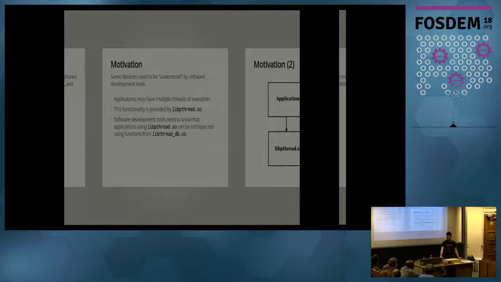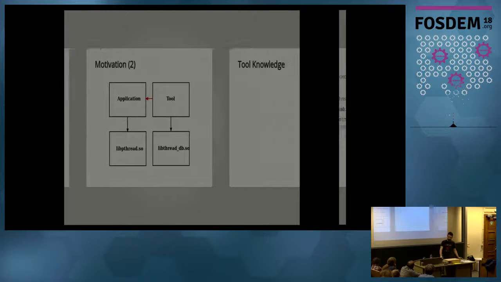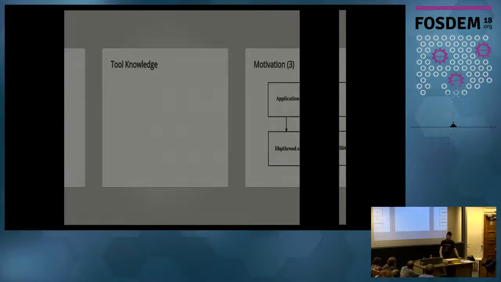So in a diagram, it looks like this. You've got your application up there on the left, and the tool, the debugger, the monitor, is accessing your application somehow, and that's the red line. And the tool has loaded the thread debugging library to see what your application is doing with the threading library. So already there's a fair amount of knowledge that has to be baked into the tool to make all this work.